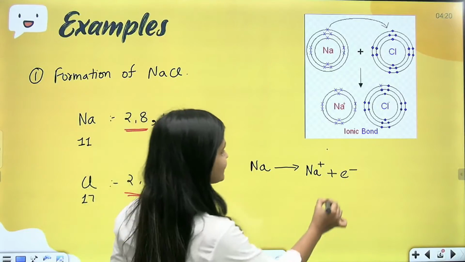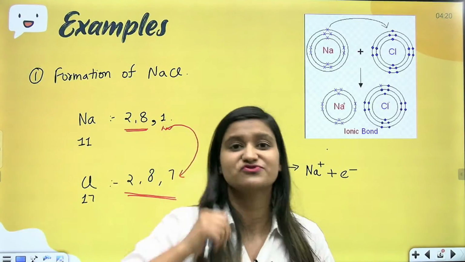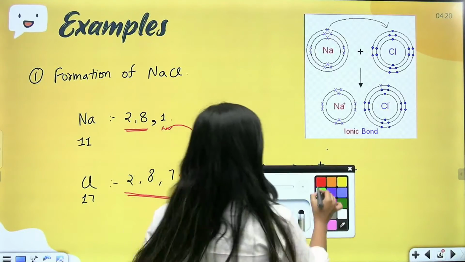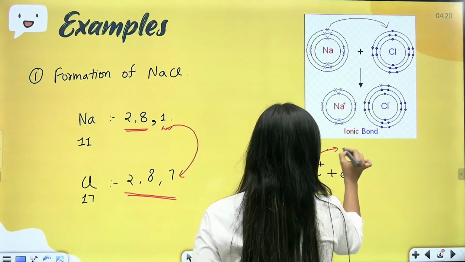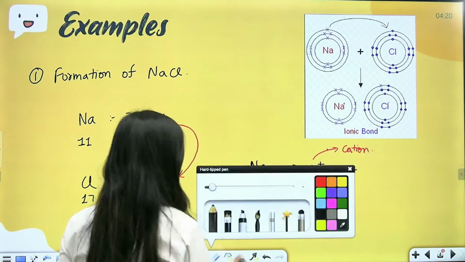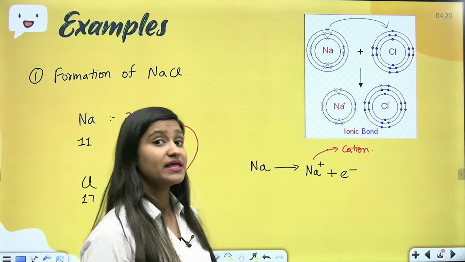Alright. Now this Na positive, the sodium atom having a positive charge, is called a cation. Now let's come back to chlorine.